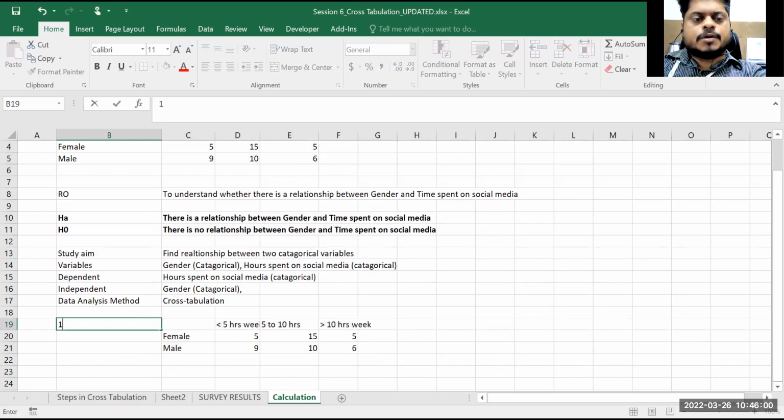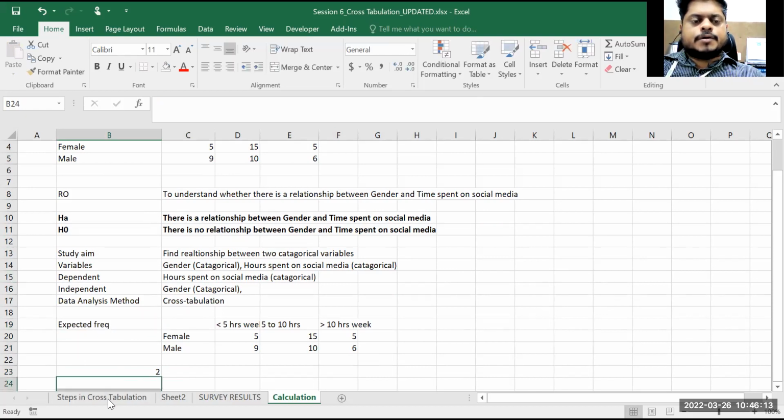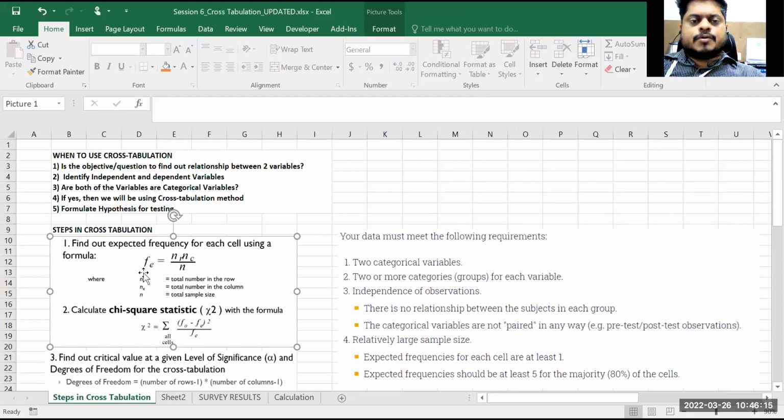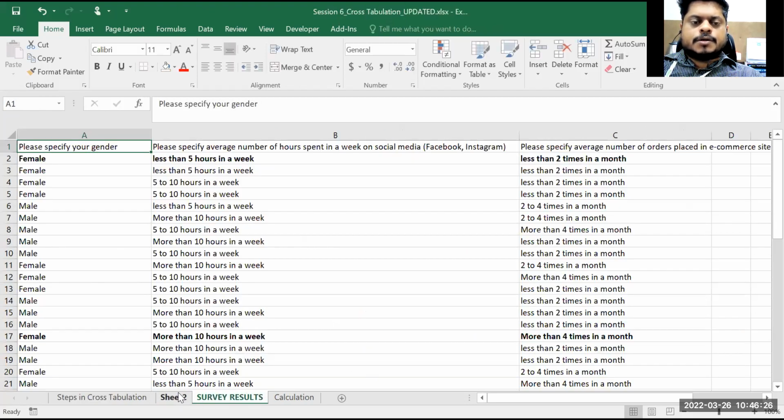Okay. Second step, we'll find out the expected frequency, right? Sorry, here expected. So if I go back here, what is my expected frequency? Number in the row, NR is the number in the row, the count in the row multiplied by number in the column divided by total number of count, right?